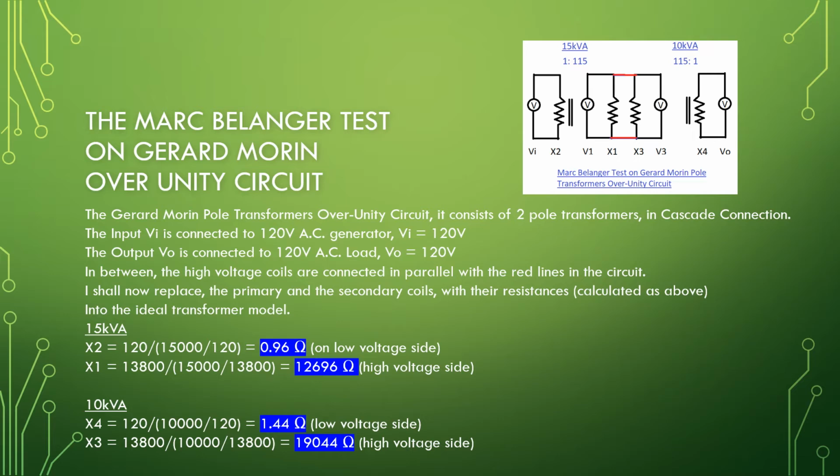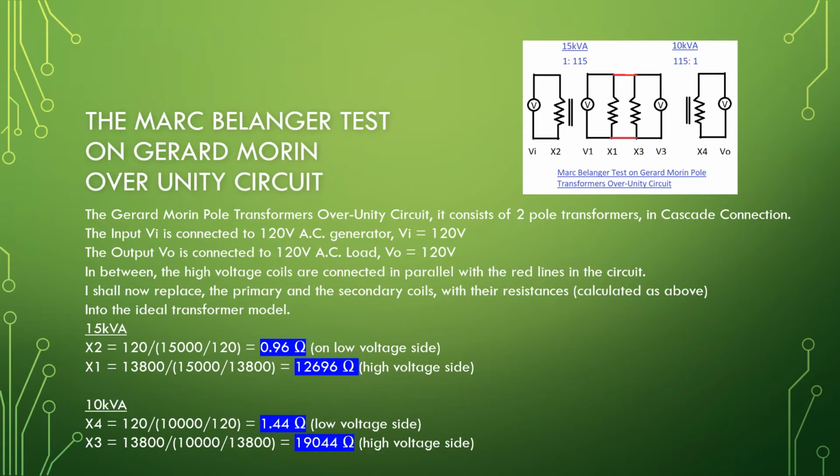X1 equals 13,800 divided by 15,000 divided by 13,800 equals 12,696 ohm on the high voltage side.